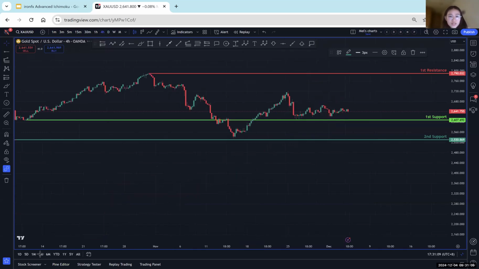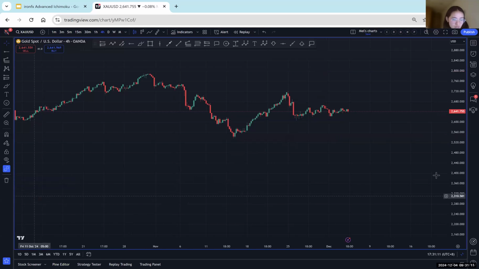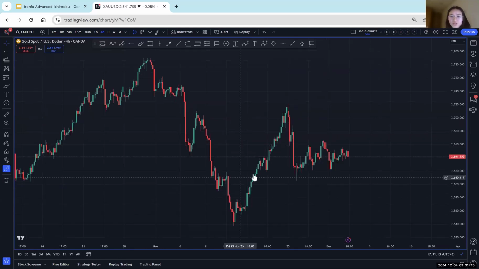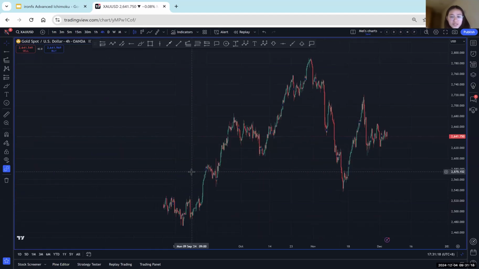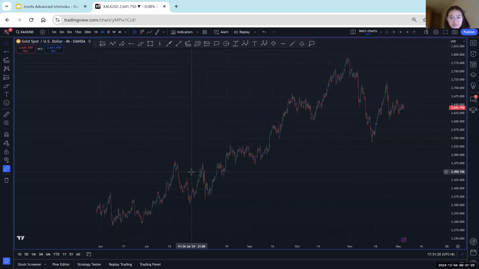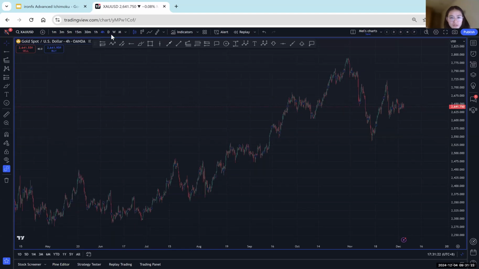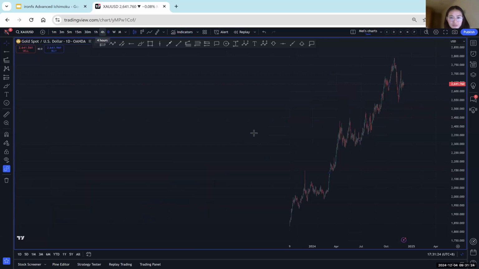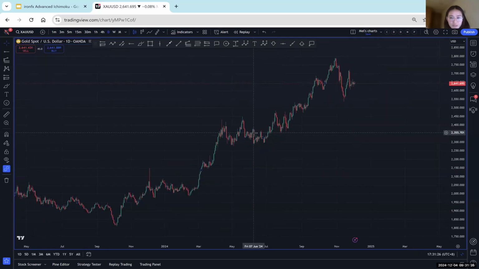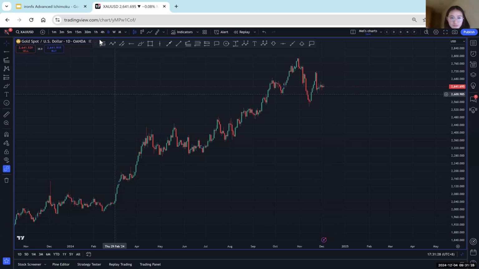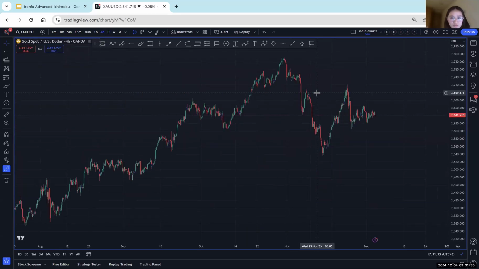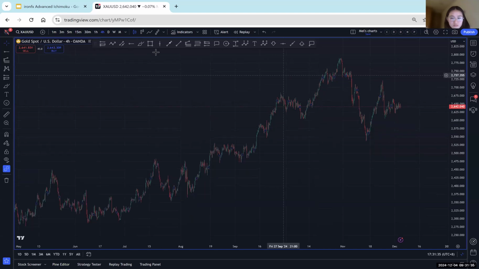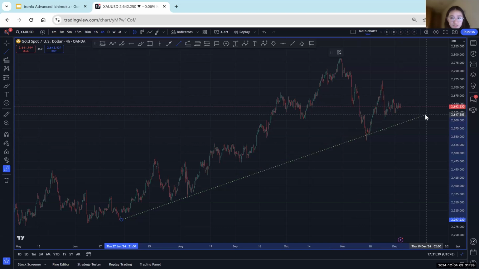Okay, now zooming into our lower time frames, let's do the same thing here. Okay, on our daily time frame, we kind of saw a bit of a bullish momentum, and I think on our 4 hours as well. Let's see if we have any trend lines or trend channels.